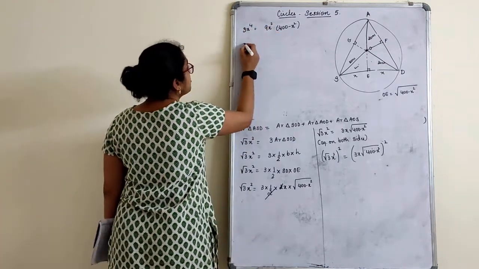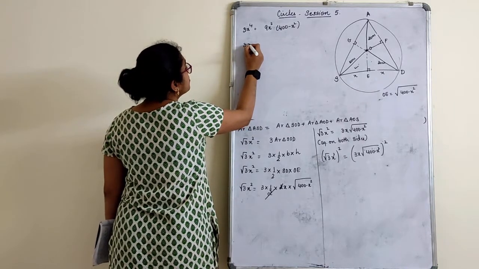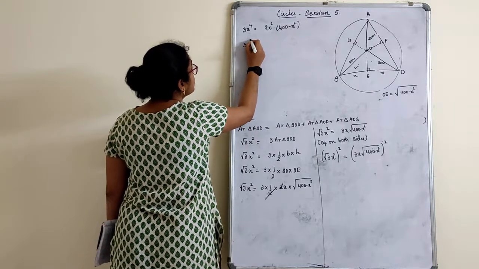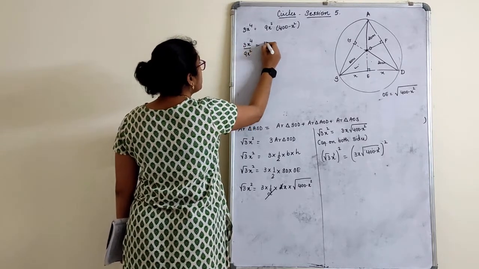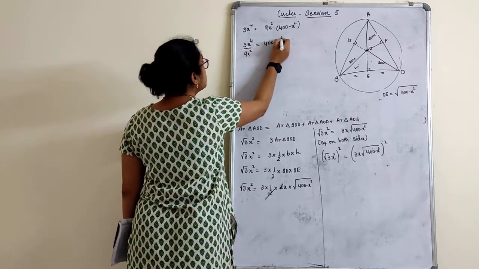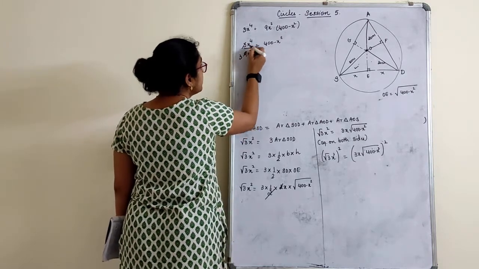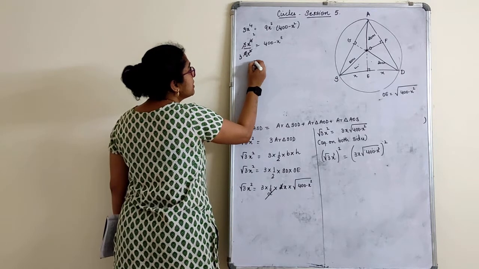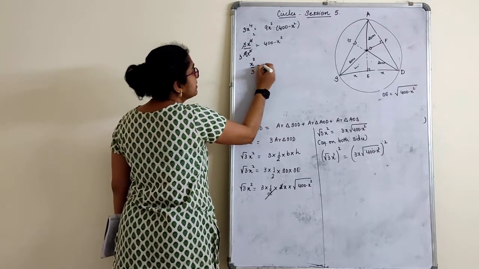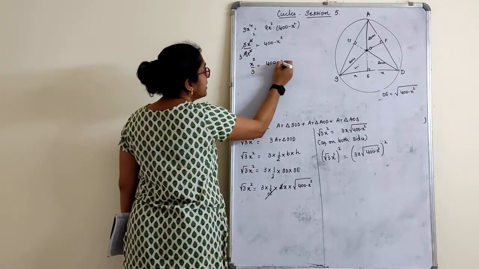Let me bring this down. So 3x raised to 4 divided by 9x square is equal to 400 minus x square. 3 ones are, 3 threes are. X raised to 2, x raised to 2, right? So this is x square by 3 is equal to 400 minus x square.